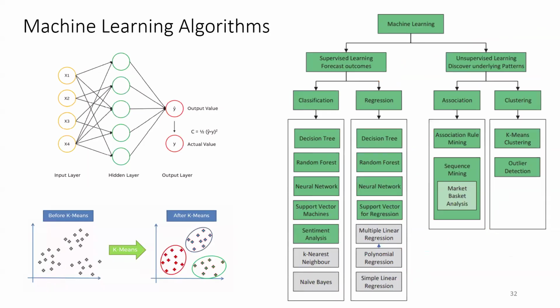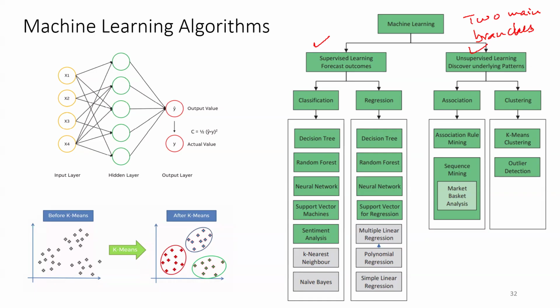Now, this slide provides a great view of how machine learning fits in the smart industrial environment, especially for IIoT applications. Starting from here, we see that machine learning is divided into two main branches: supervised learning and unsupervised learning.